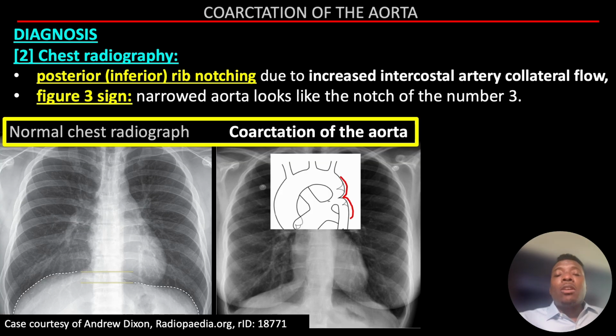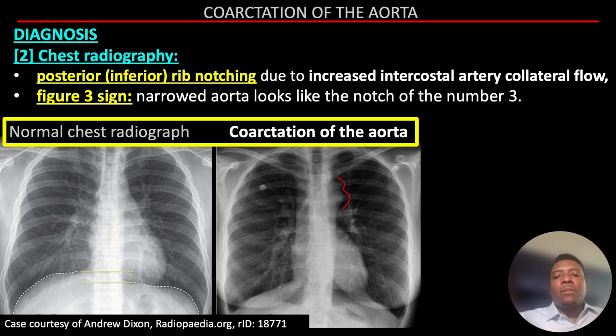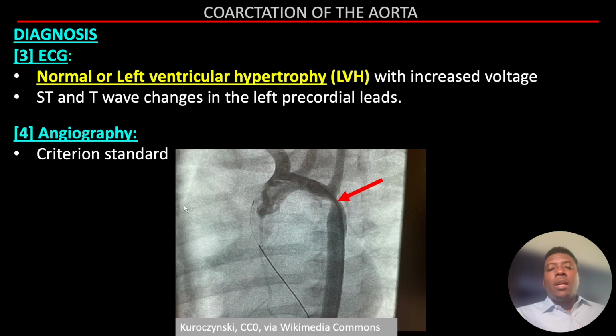In addition, they'll have the classic figure 3 sign, and that's where the coarctation or indentation of the aorta looks like the notch of the number 3. The EKG may be completely normal, or it may show evidence of left ventricular hypertrophy due to this increased afterload. The narrowing results in higher pressures.